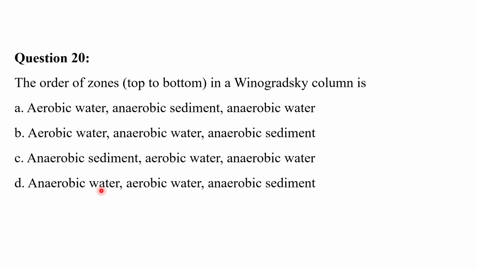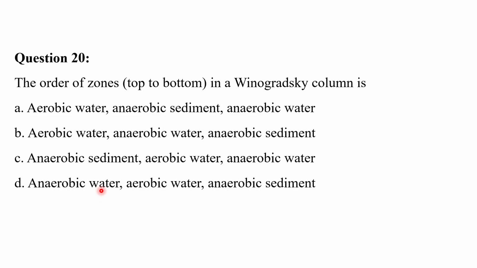Question number 20. Order of zones from top to bottom in a Vinogradsky column. So I'll explain what a Vinogradsky column is. Let's see if you know the answer for this for now. Order of zones from top to bottom in a Vinogradsky column.